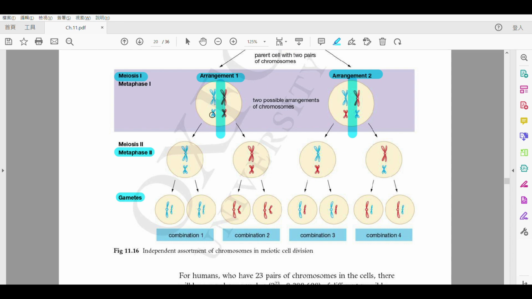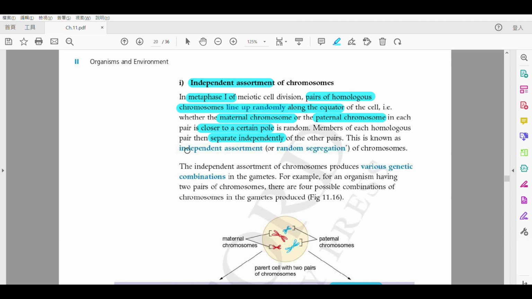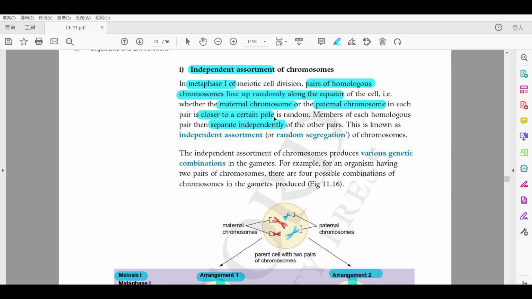OK, so remember, metaphase is lining up along the equator, anaphase is separation of chromosomes. Sometimes in Meiosis 1 it is the separation of homologous chromosomes, but in Meiosis 2 it is the separation of sister chromatids. OK, get this clear! So they separate independently, and the whole thing we call independent assortment.